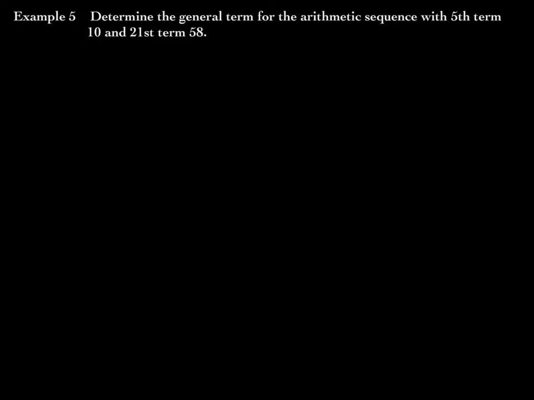Now notice the first piece of information that's given. The fifth term is 10. That means a sub 5 is 10. And then the 21st term is 58.